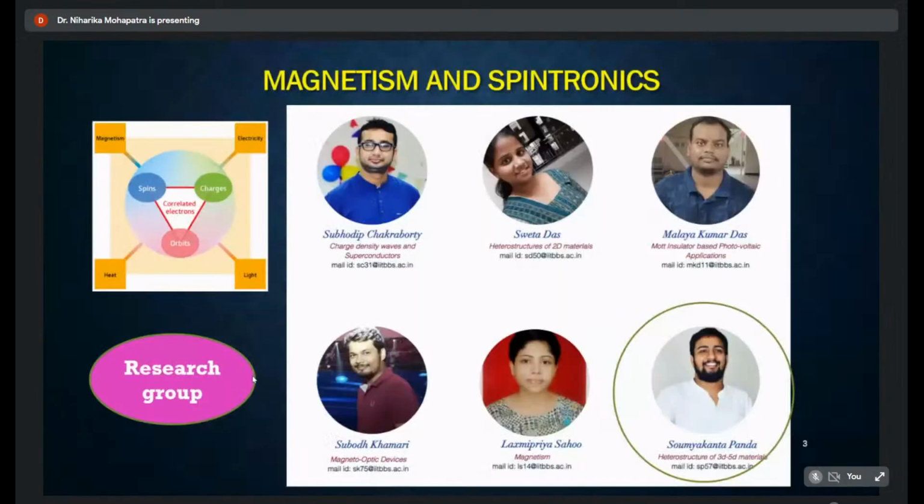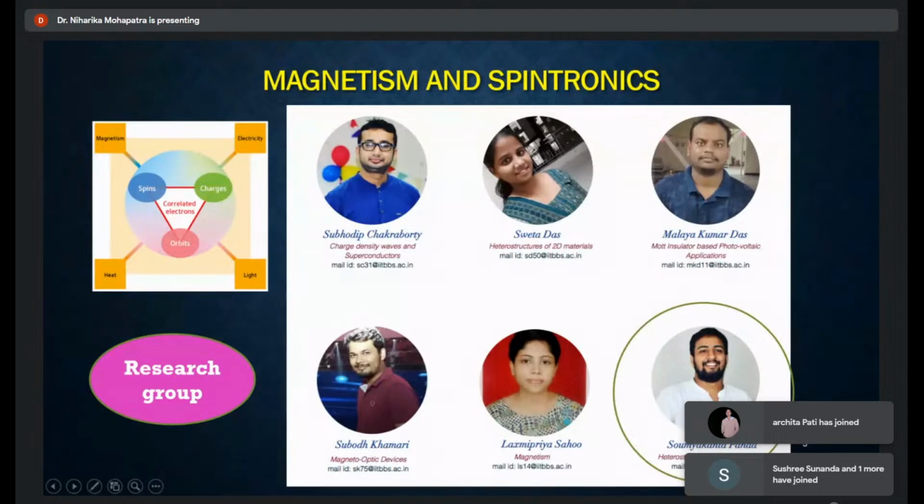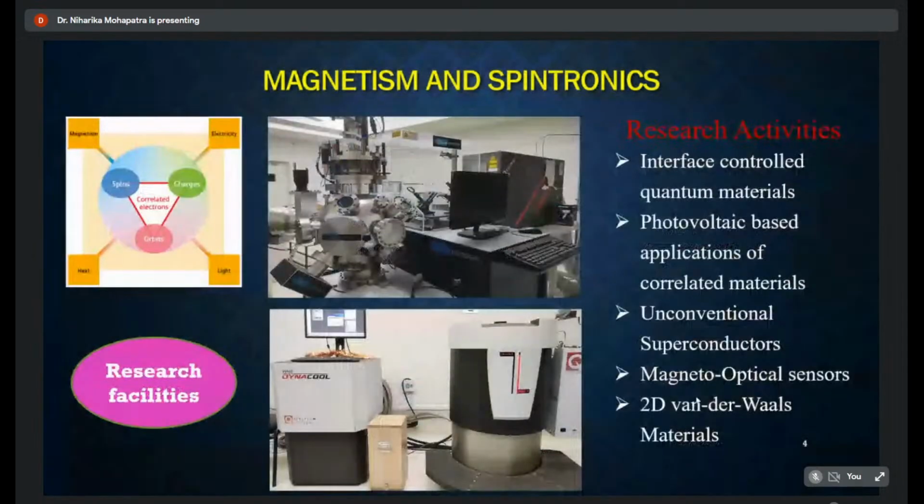Before going to these details, I'll introduce my lab. Basically we work on correlated electron systems, and these are my PhD students, and the work that I will present is mostly done by my student Soumya Gandapanda. Some of the research facilities that we use, I have only given one or two, but there are more.